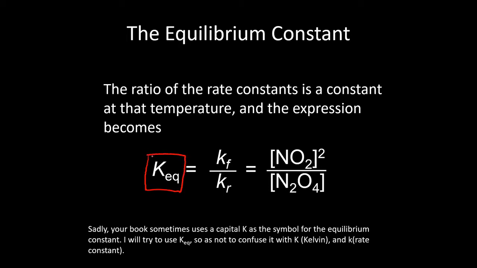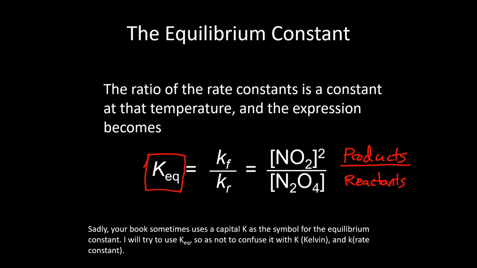The equilibrium constant is equal to the products divided by the reactants, and that is always going to be the case.